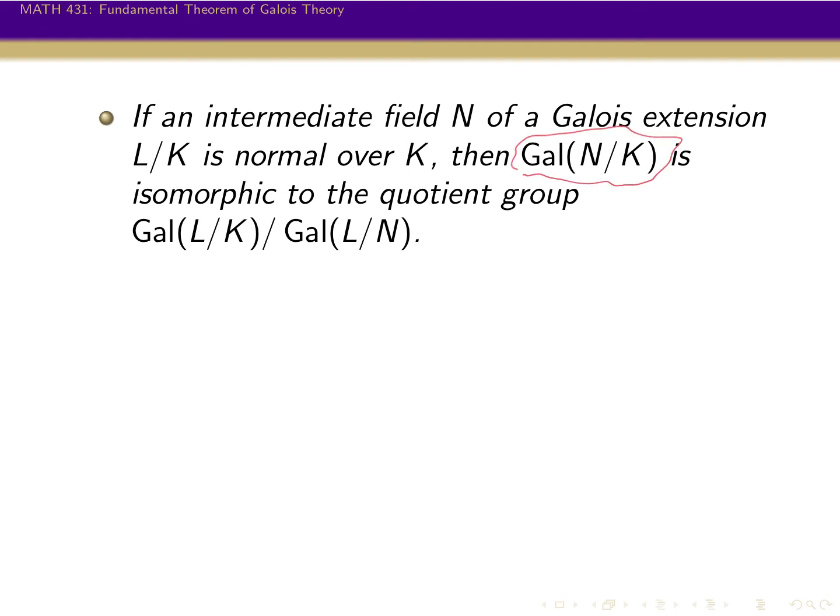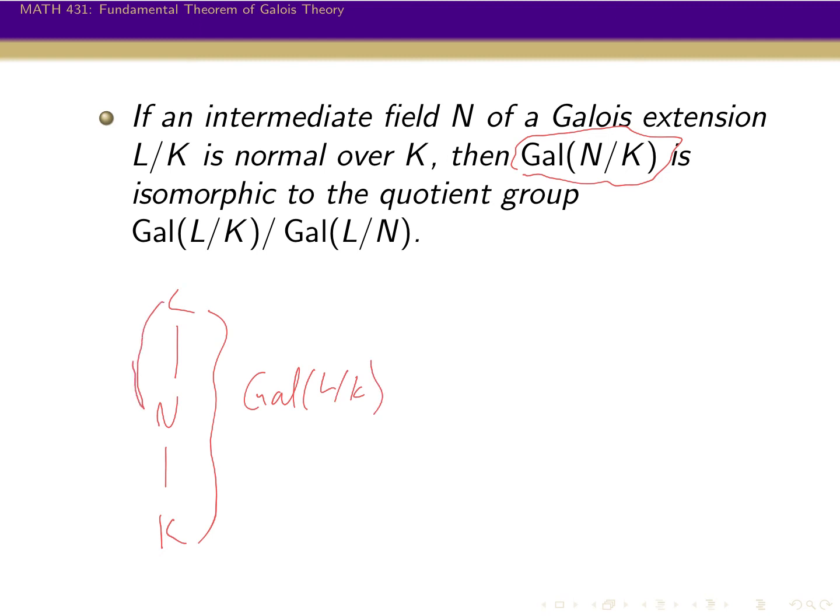because normally we wouldn't be able to get our hands on this Galois extension over here. Because if we have L, N, K, well, we can get the Galois group here.